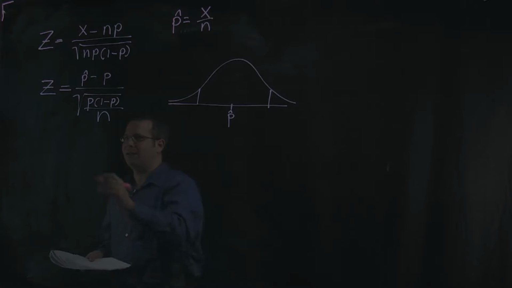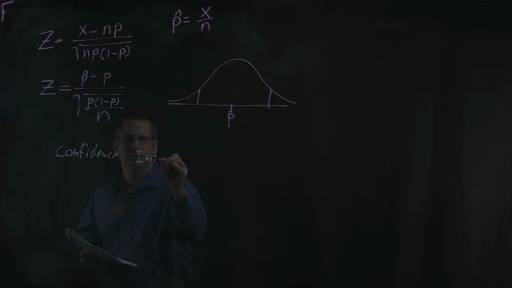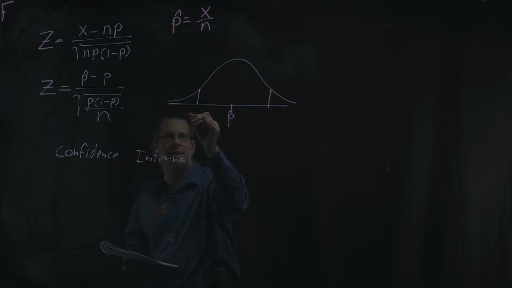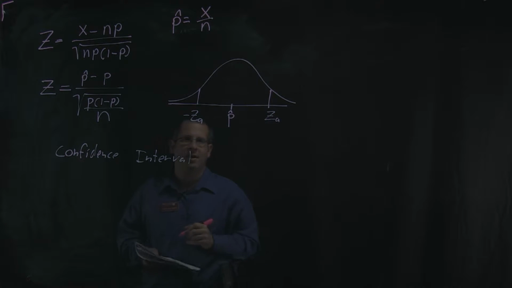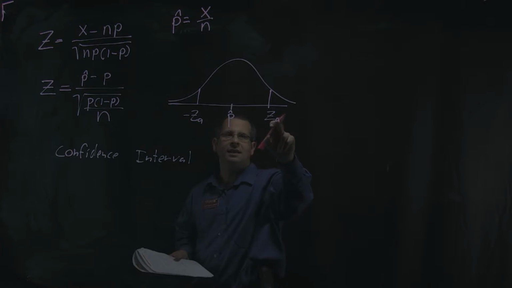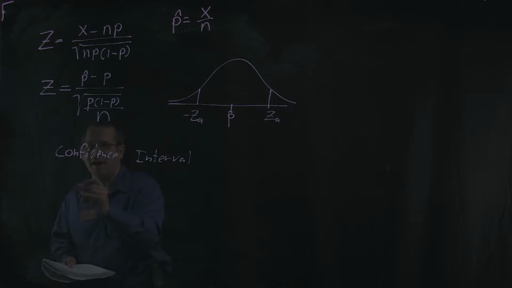So for my confidence interval, I'm going to say mathematically, if I call this negative ZA and ZA, as I've been calling it in class, the book calls this Z alpha over 2 and negative Z alpha over 2.